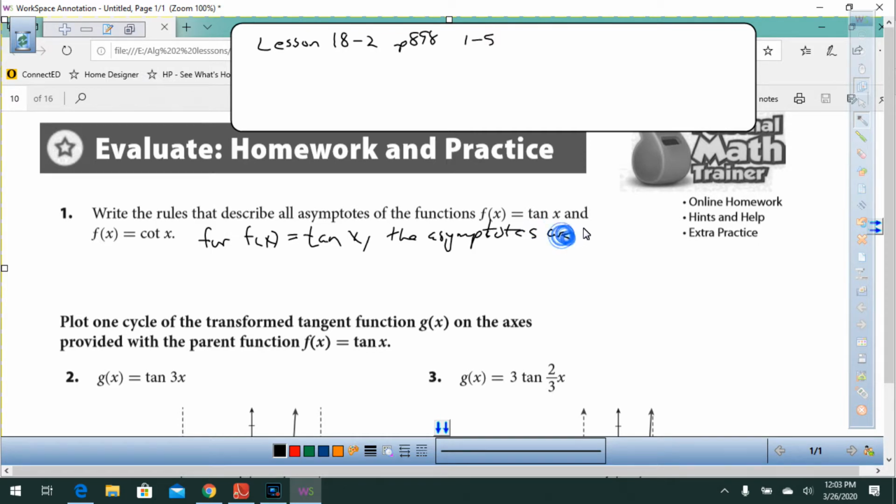are x equals pi over 2 plus n times pi for all integers n.